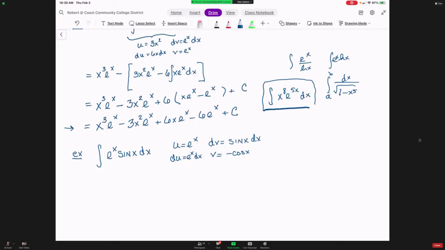And so when we run it through the formula, the integral is equal to uv, negative e to the x cosine x, minus the integral of v du. And I absorb the minus sign over there.